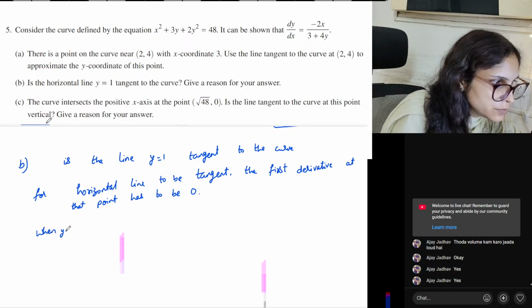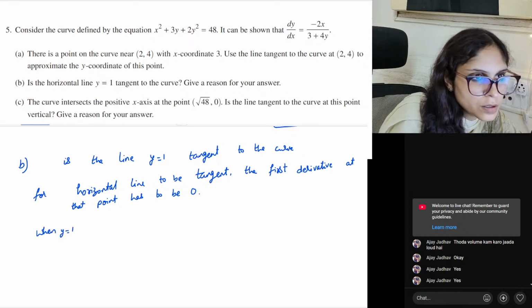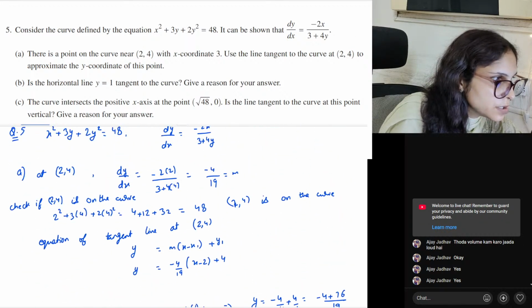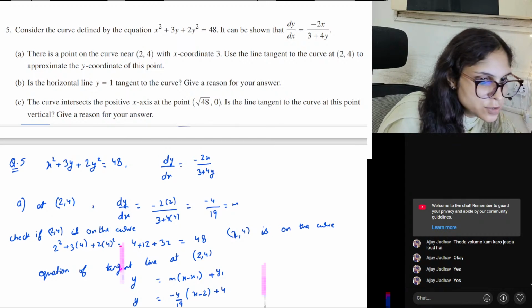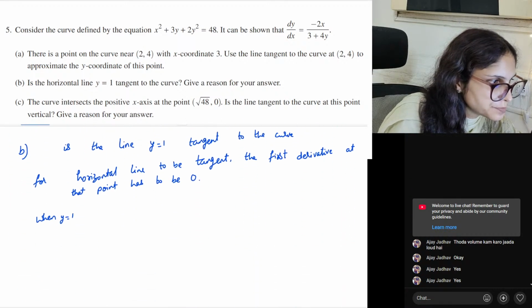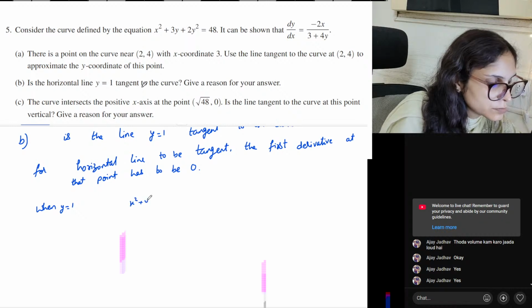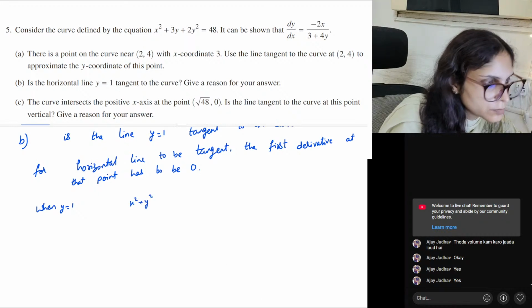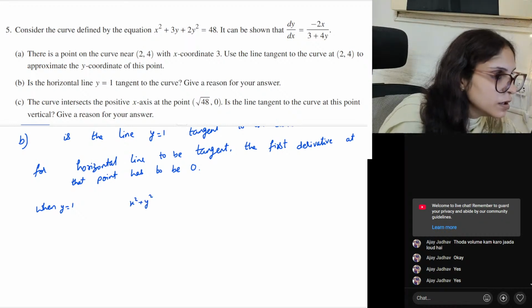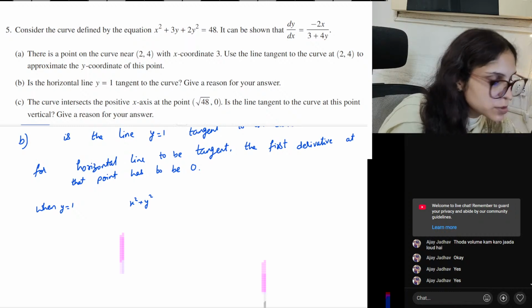So when y is equal to 1, the equation is x squared plus 3y plus 2y squared is equal to 48.